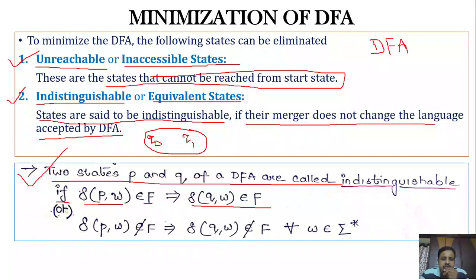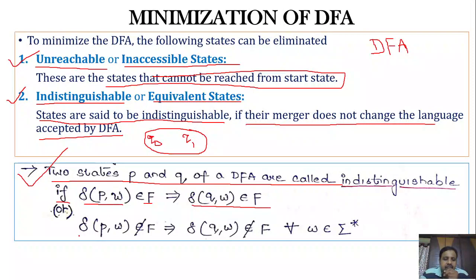Delta of p comma w belongs to the final states, then delta of q comma w also gives a final state. This is one of the conditions to prove that the states are indistinguishable or equivalent.